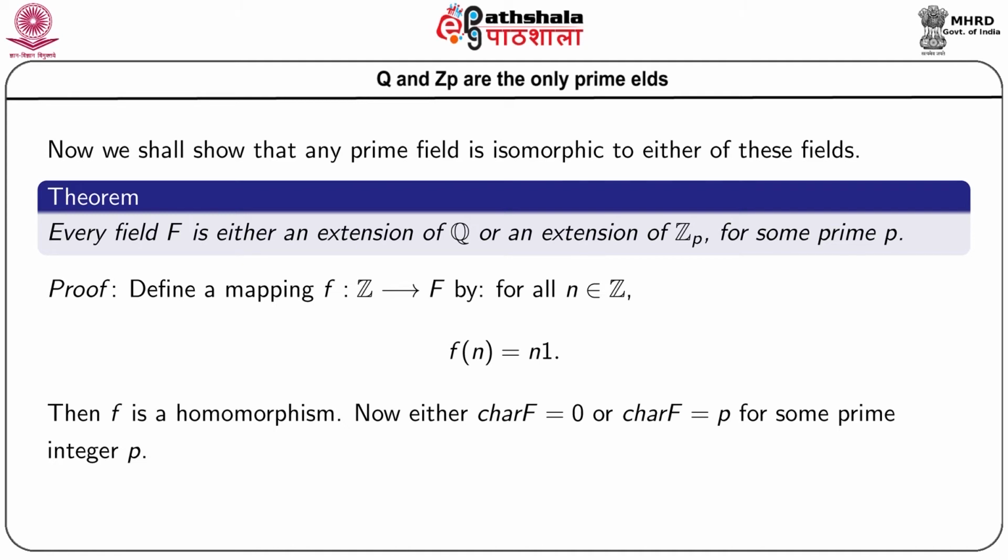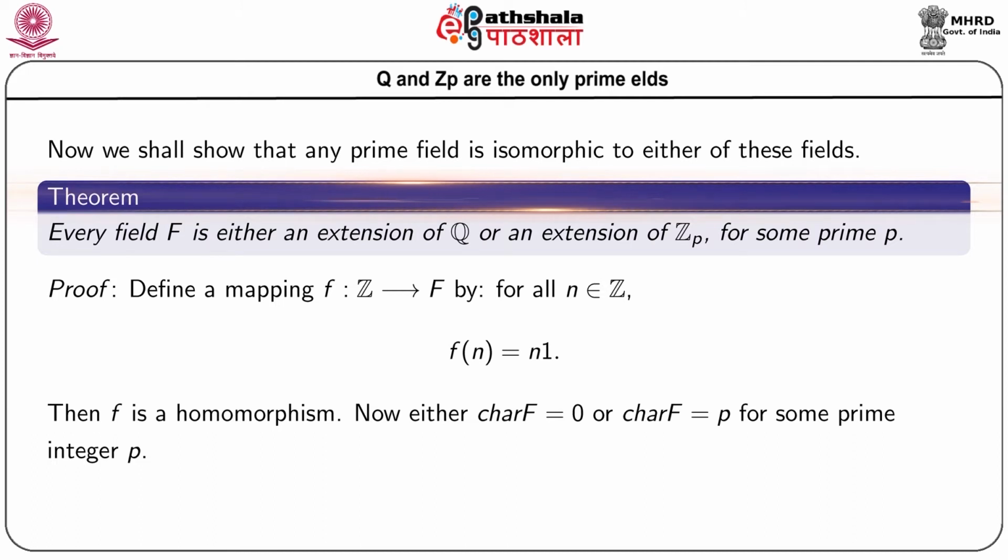For this, first let us define a mapping f from Z into F by f(n) equal to n1. Here n1 means the sum of 1, n times, when n is greater than 0, the sum of minus 1, minus n times, when n is less than 0, and this is 0 when n is equal to 0.